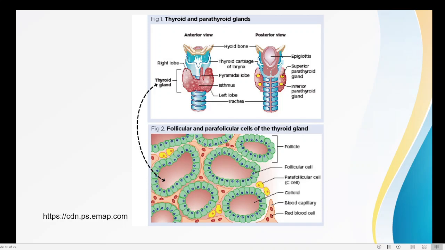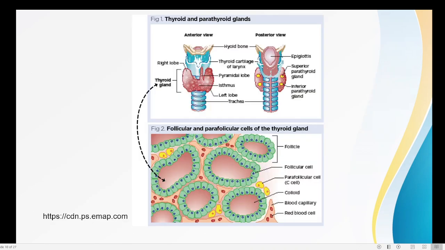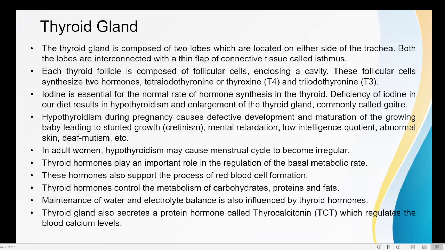Thyroid glands are formed of thyroid follicles, just like the ovary is formed of ovarian follicles. Each thyroid follicle is composed of follicular cells enclosing a cavity. Here you can see the follicular cells and a cavity in the middle.